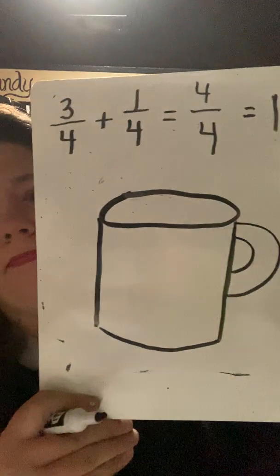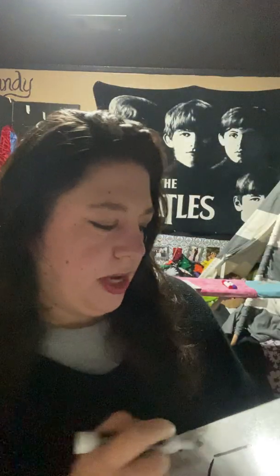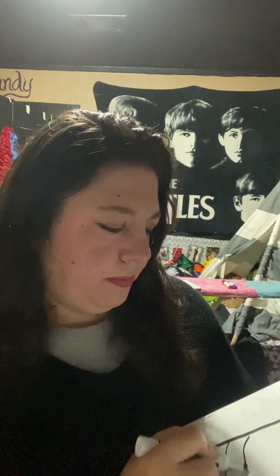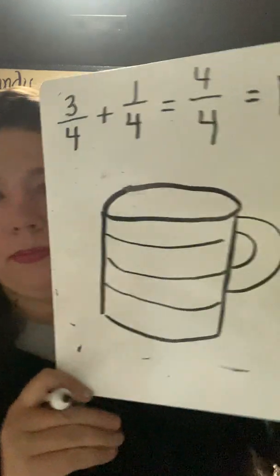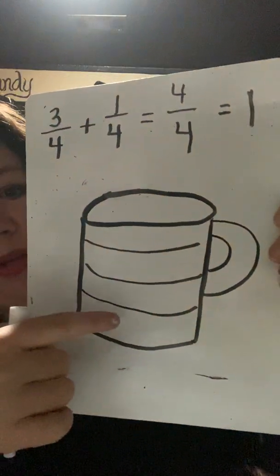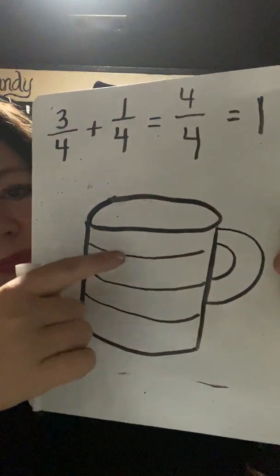Pretend you are in a kitchen and you have a measuring cup. And that measuring cup is divided into 4 parts. There's the measuring cup, and there's the 4 parts of it.